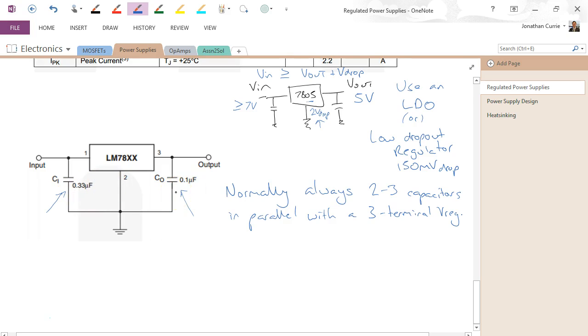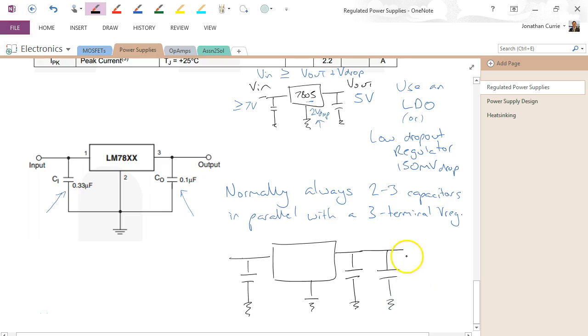If it hasn't been specified or you're doing a general design, I normally have something that looks like this. This is my standard configuration, where I actually have 2 capacitors on the output.